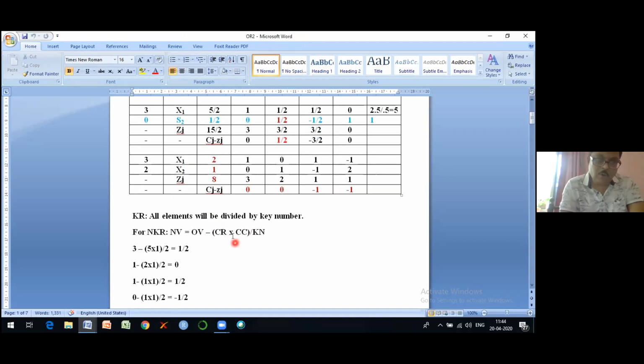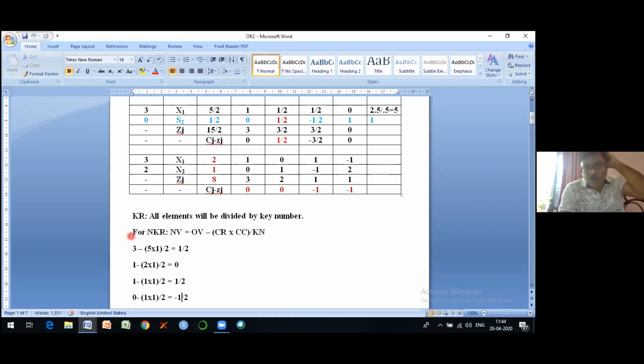Here we have written the rules for your understanding. KR means key row. All elements will be divided by key number. That we have already done.